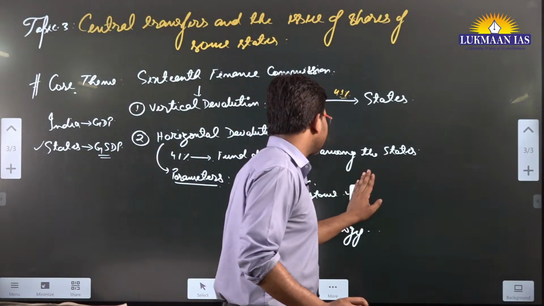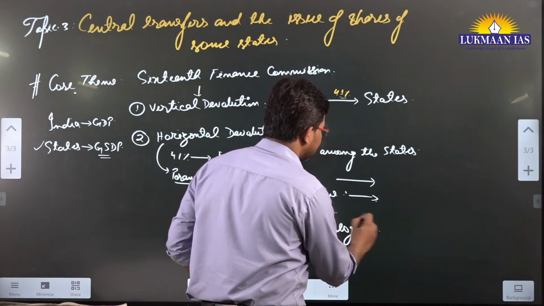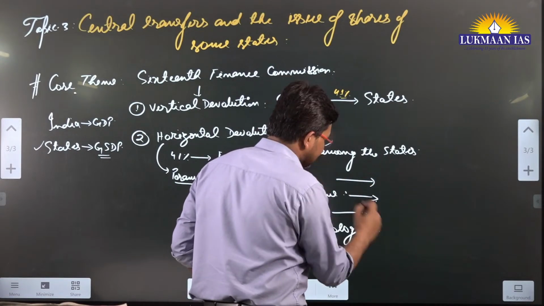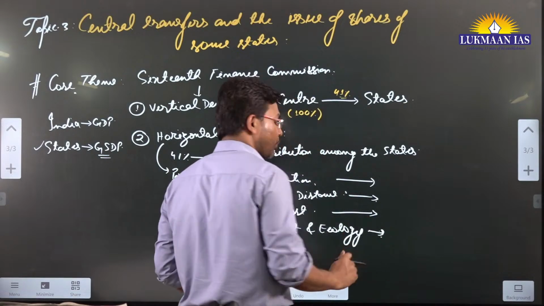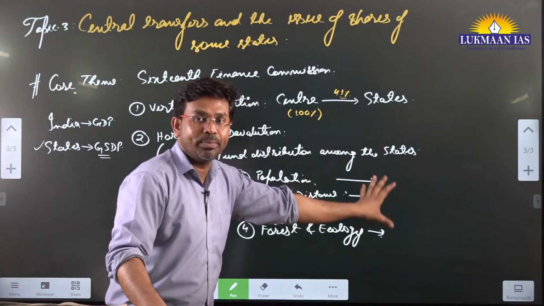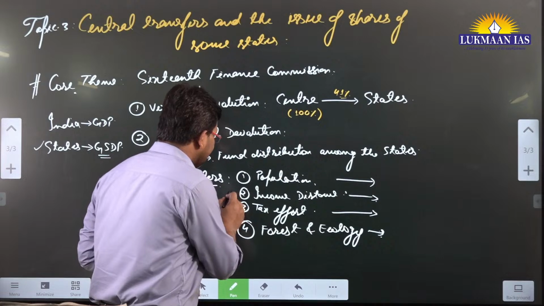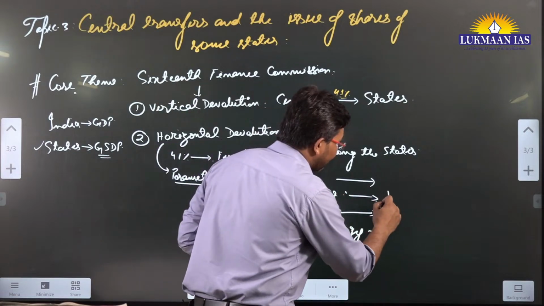So if they come up with some formula, let's consider population is given 15%, income distance is given 12%, tax effort is given 2.5%, this is given 2.5%, and the formula will total 100%. The author is suggesting that income distance can be given lesser weightage.